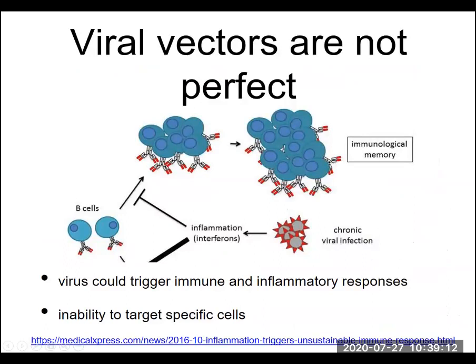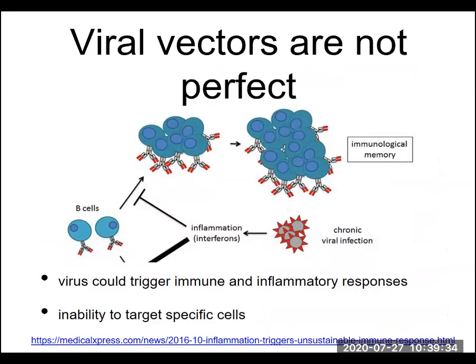Now, the viral vectors that we're using are the best for what we've got, but they're not going to be perfect. And the reason for that is, again, because we're using a virus, and the virus causes disease under normal circumstances. So even though we're changing the virus in a way that makes it less disease causing, the body's not going to recognize that.